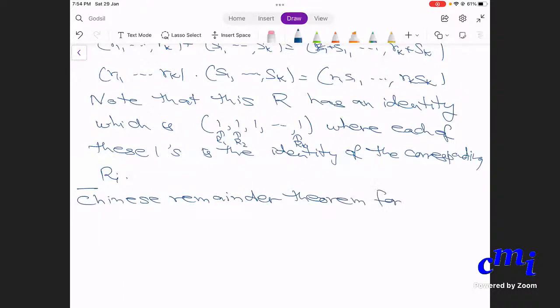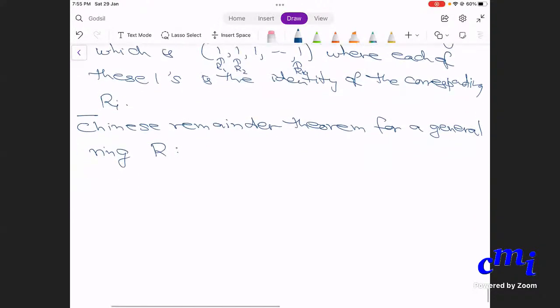I am not assuming anything nice about the ring. I'm not assuming it's a principal ideal domain. I'm not assuming it is Z. I'm not assuming it's a polynomial ring. It is for any ring at all. So the Chinese remainder theorem for a general ring. Of course, commutative ring, I'm only working with commutative rings.